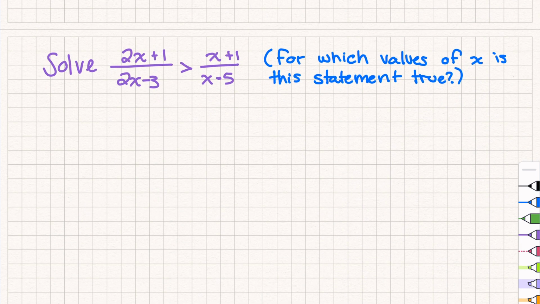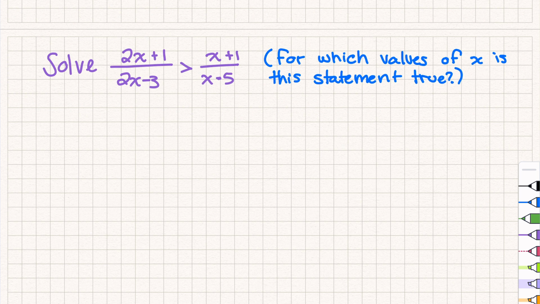Okay, so for this one, we have two rational functions. We're going to solve when (2x plus 1) over (2x minus 3) is greater than (x plus 1) over (x minus 5). So in other words, I want to know for which values of x will this statement be true?